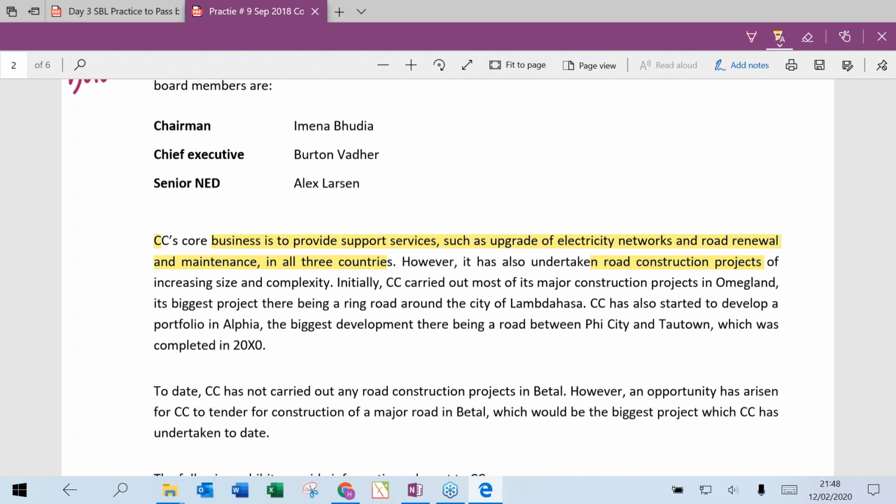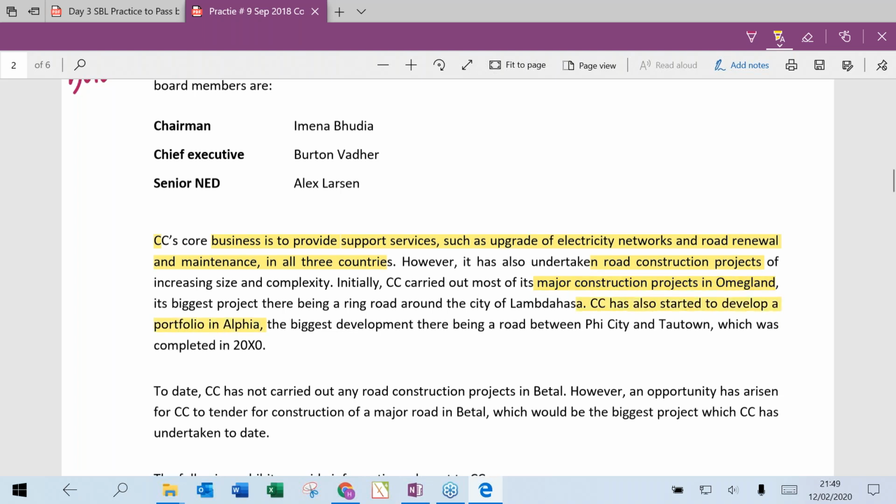Initially, CC carried out most of its major construction projects in Omegaland, its biggest project there being a ring road around the city of L. CC has also started to develop a portfolio in Alfia, the biggest development there being a road between Fee City and Town, which was completed in 2010.